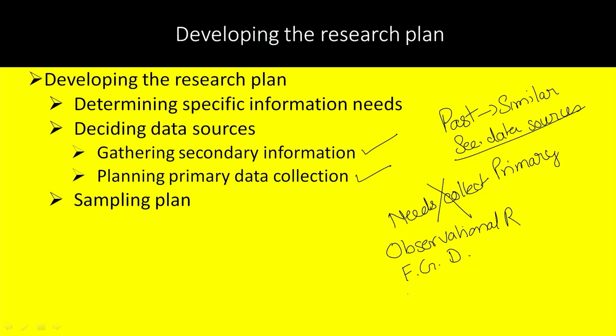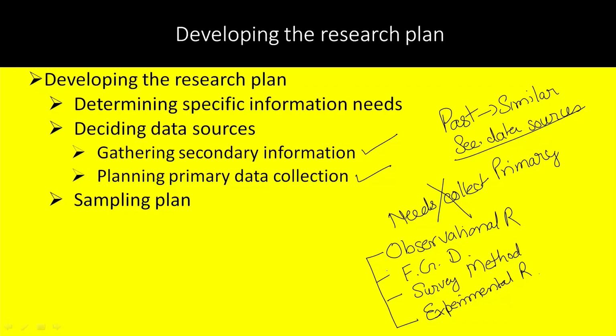It can be a survey method, it can be experimental research, and this is not an exhaustive list. The list actually goes beyond it. These are a few of the examples which I have given you, which tourism marketing researchers usually follow, okay?